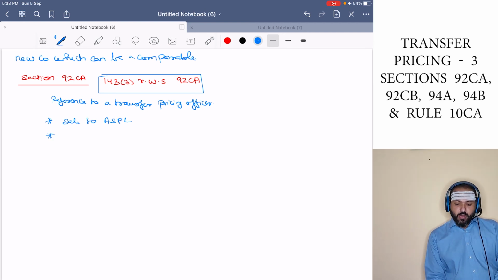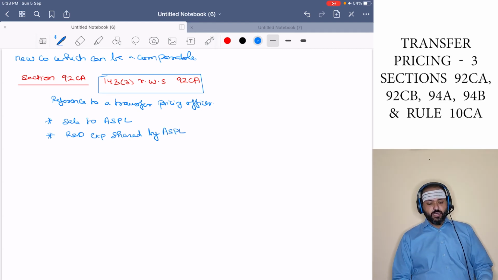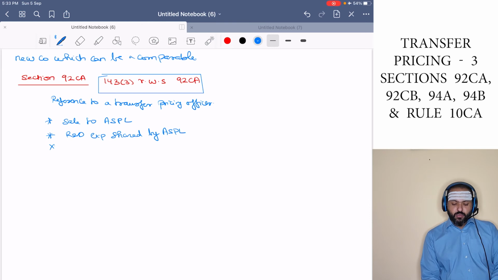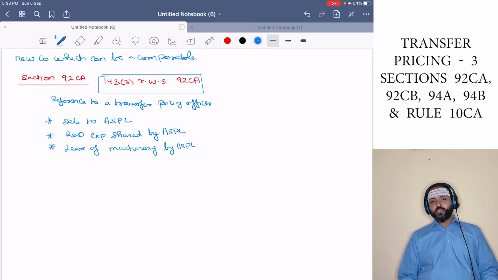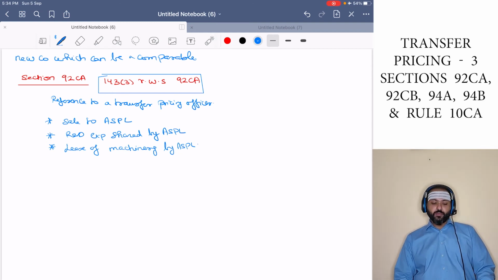Transaction number 2, R&D expense shared by ASPL. And transaction number 3, lease of machinery by ASPL. So these 3 transactions the AO has found out from the return filed by AIPL.